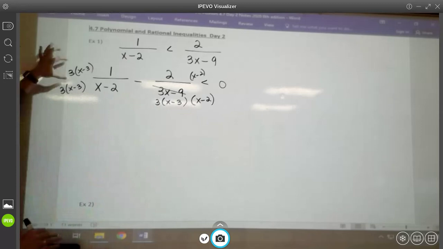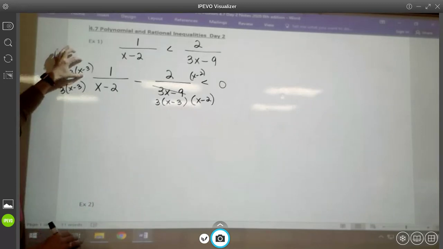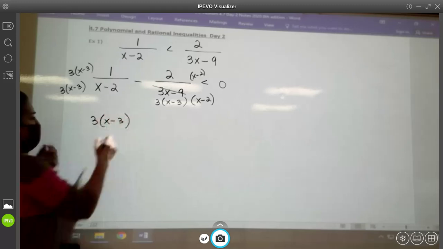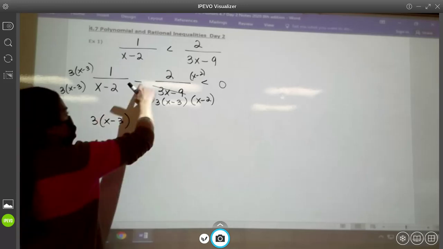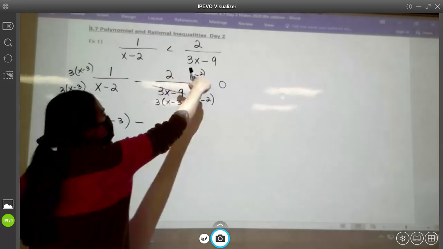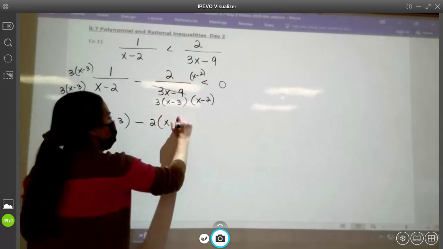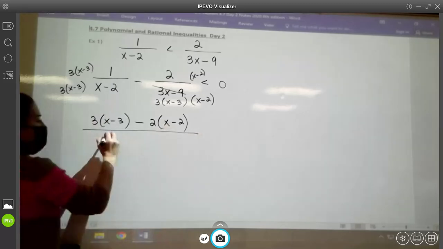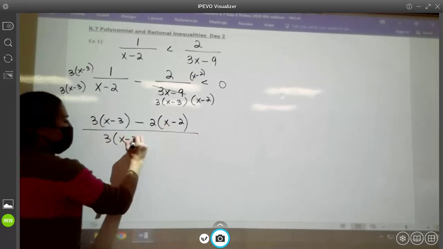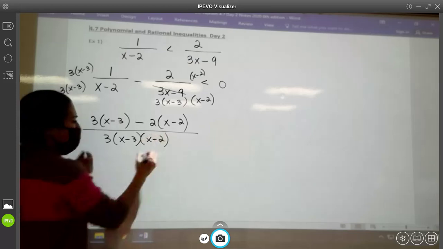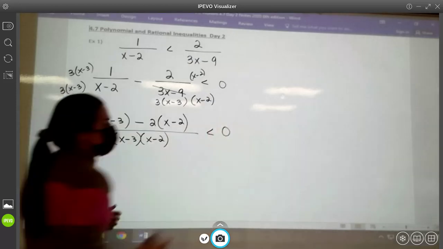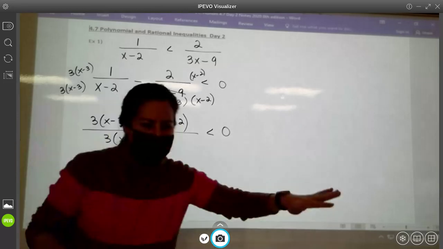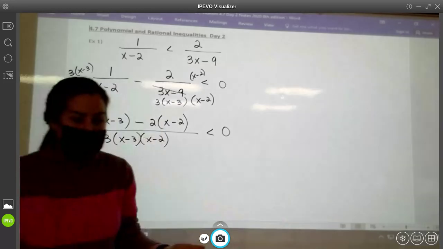All right, so on top over here, 3 times x minus 3 times 1 is just 3 times x minus 3. Then I'm going to have to subtract 2 times that. And then it'll all be over that common denominator of 3 times x minus 3 times x minus 2. And it still needs to be less than 0. All right, our denominator, we want to leave that in factored form because we're going to have to find those bad numbers.